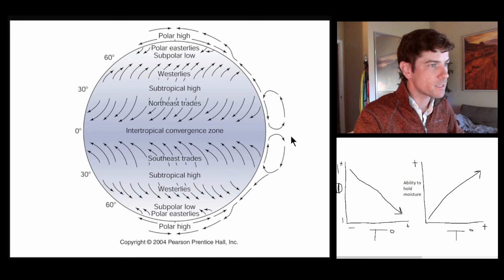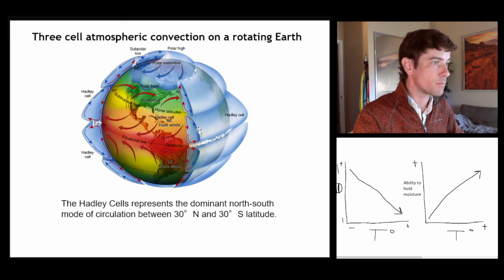It circulates in convection cells, three of them to be exact in the north and three in the south. The middle ones we call Hadley cells. As air convects through that cell, it creates these surface currents as a response to pressure gradients, right? Air moves at the surface, and as it does so, it is subject to the Coriolis effect, which causes it to bend on its path.